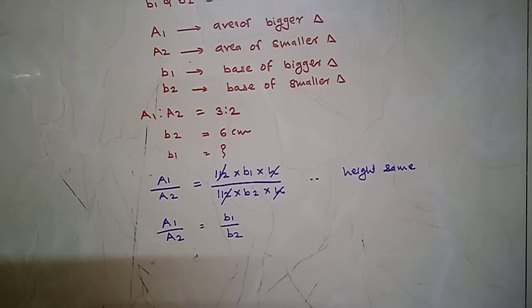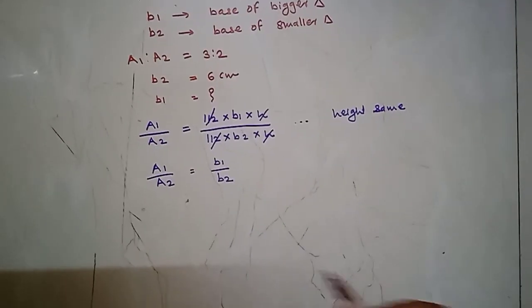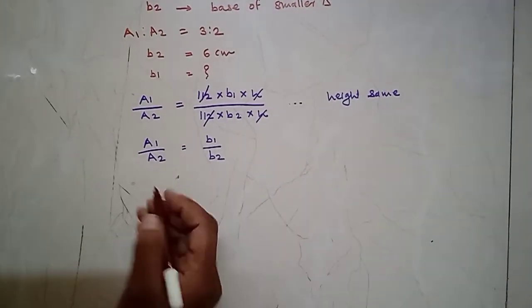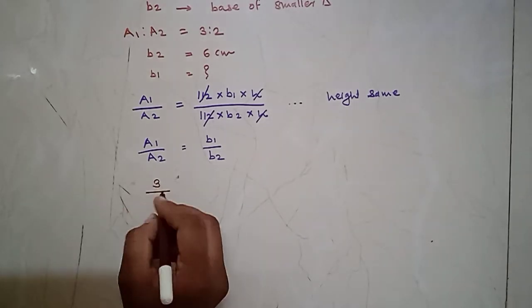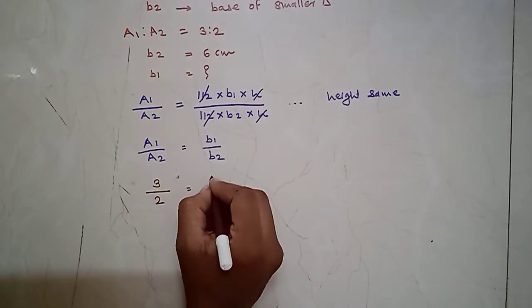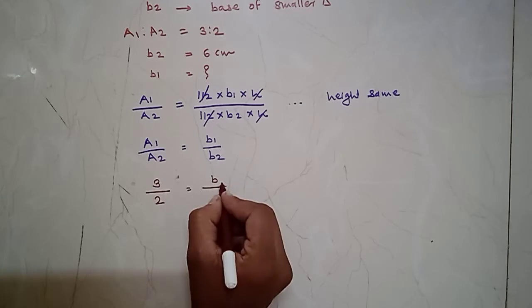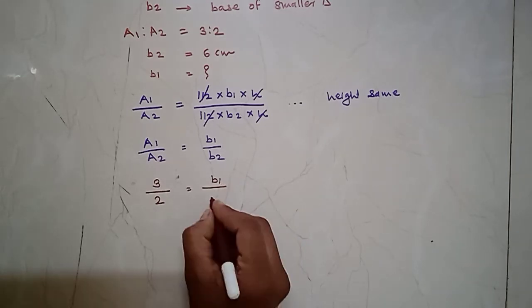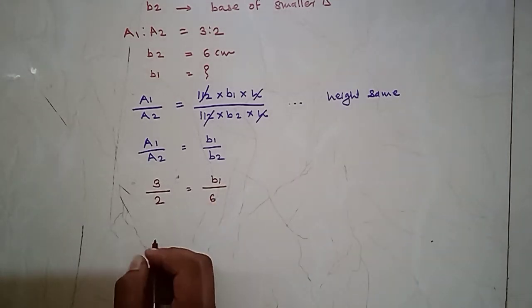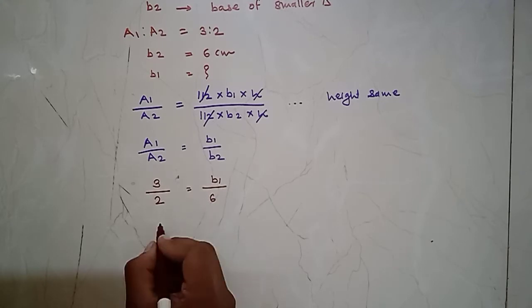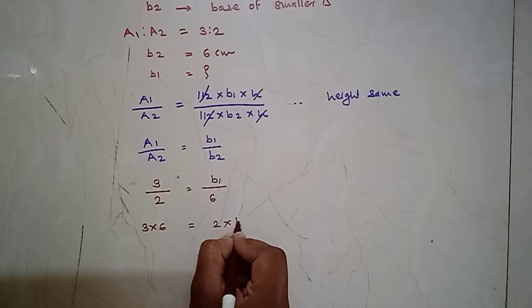We know the values of A1 and A2, so A1 upon A2 is 3 upon 2 equals B1 upon B2, which is 6. Taking the cross multiplication, we get 3 into 6 is equal to 2 into B1.